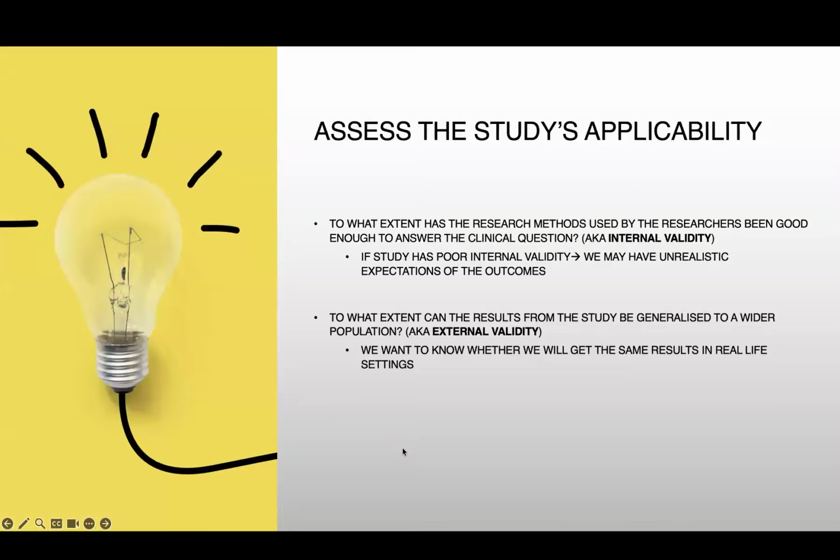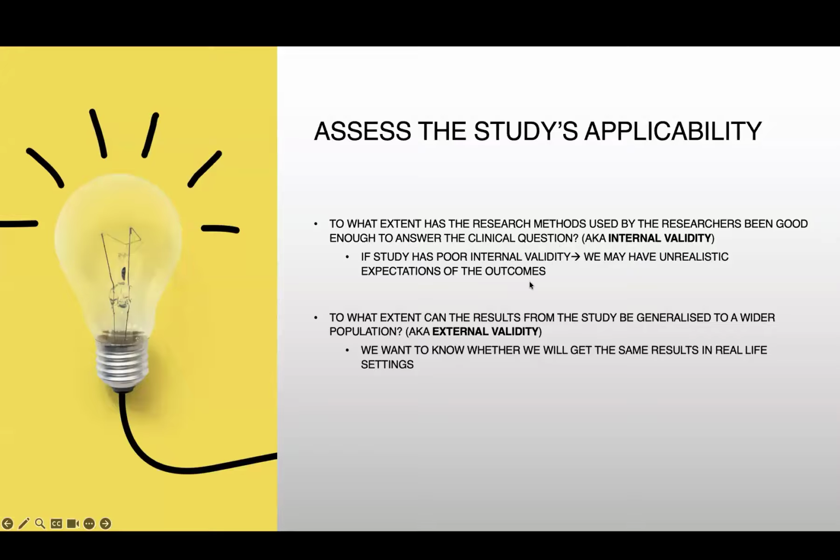Then, once you have assessed the descriptive and analytical statistics, you assess the study's applicability. So, to what extent the research methods used by the researcher have been good enough to answer the clinical question. That is also called internal validity. If the study has poor internal validity, we may have unrealistic expectations of the outcomes.